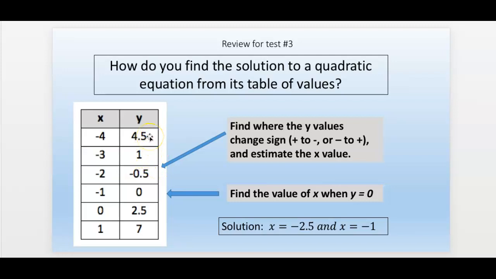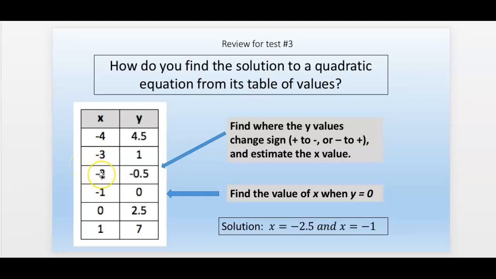If you go down the values of y, 4.5, 1, and all of a sudden it's negative. Where it switches from positive to negative, or from negative to positive, it must have crossed the x-axis in there somewhere. So somewhere in there, it was 0. So look back at the x. The values of x between these two x values, make an estimate.